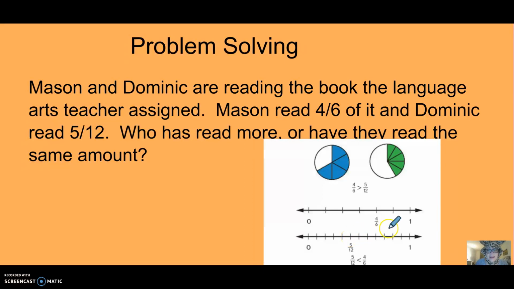I can see that 4/6 is closer to my 1/2 than my 5/12. So 5/12 is less than 4/6. The person who read 4/6 of the book read more. Mason read 4/6. He read more of the book.